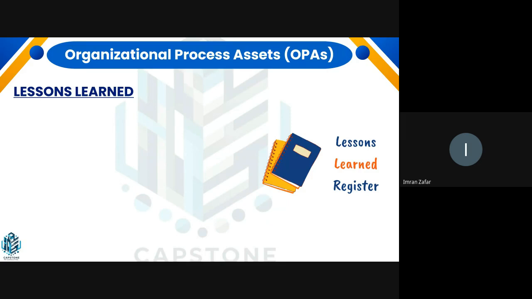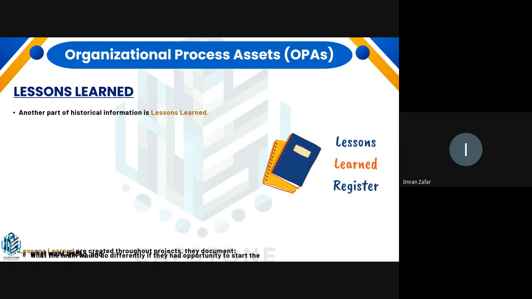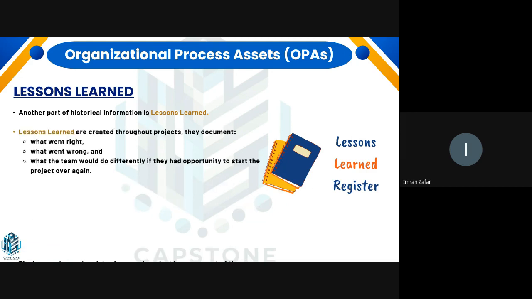Another thing that we should consider as we are doing our project work is very important. It is our lessons learned register. This is a document that we keep updating throughout the course of our project.